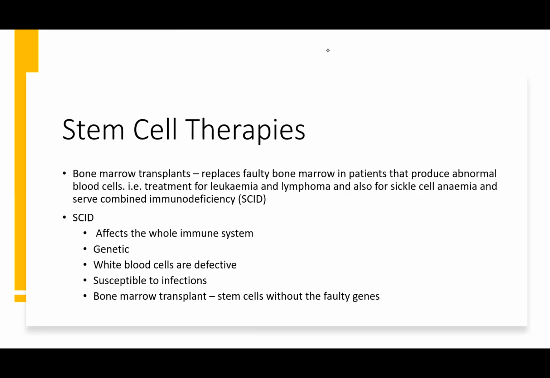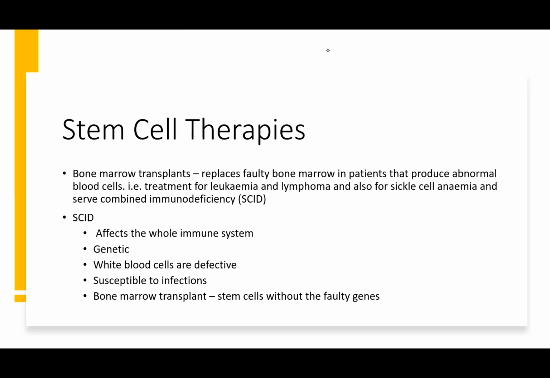Being defective means they can't defend the body against infections by identifying and destroying microorganisms. So SCID sufferers are extremely susceptible to infections. They can get poorly very, very quickly with something as simple as a common cold.